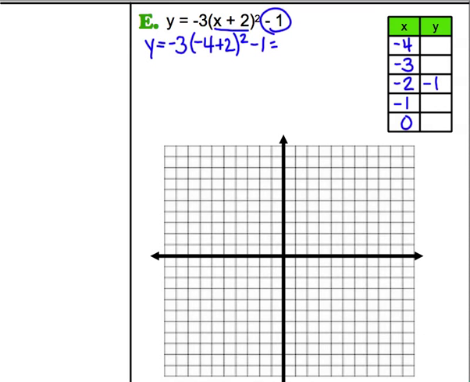-4 plus 2 is -2. -2 squared is 4. 4 times -3 is 12 minus 1, which is 11.